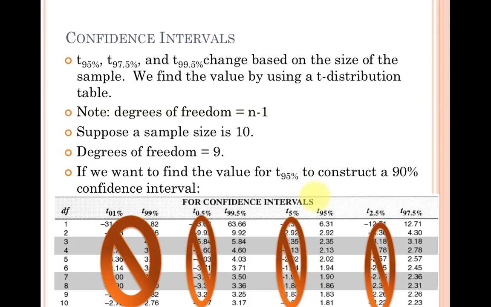So we go over here, t subscript 95, and if we're using a sample size of 10, we go down to the degrees of freedom labeled 9, and that's where the t-score 1.83 comes from. So that 1.83 now becomes part of our formula. So now you can see how this entire chart is used to populate the formula based on the sample size and based on the confidence level.